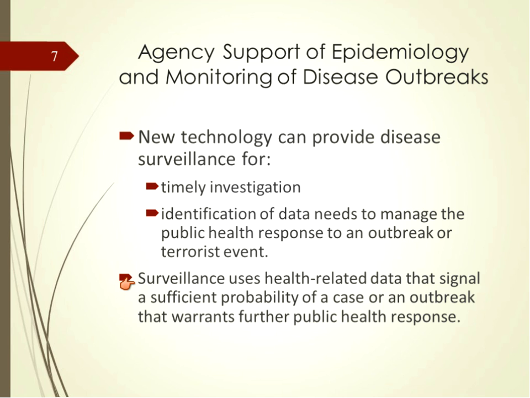Surveillance uses health-related data that signal a sufficient probability of a case or an outbreak that warrants further public health response. Although historically syndromic surveillance has been used to target investigations of potential infectious cases, its use to detect possible outbreaks associated with bioterrorism is increasingly being explored by public health officials.